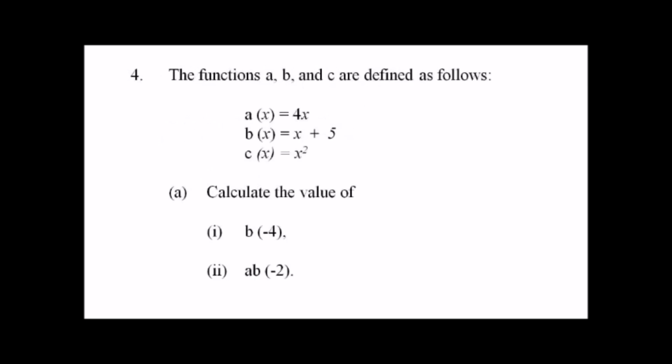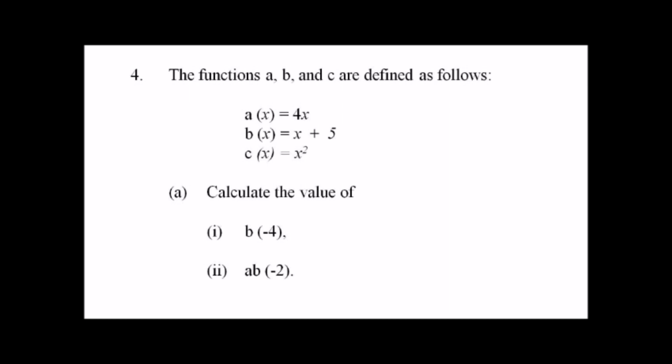Okay, test your algebra. And number 4, the functions a, b, and c are defined as follows. a(x) = 4x, b(x) = x + 5, and c(x) = x². (a) Calculate the value of b(-4), and ab(-2). So ab would be a composite function. For b(-4), just find b and stick in -4 for x, get a value.